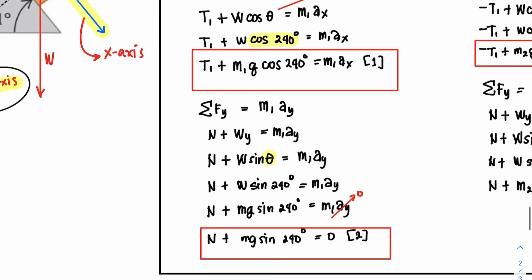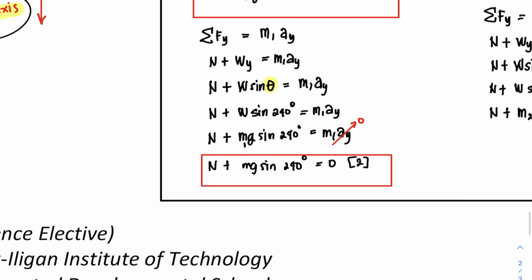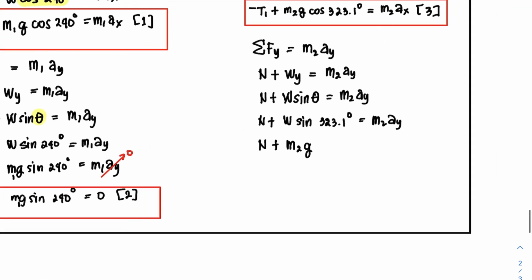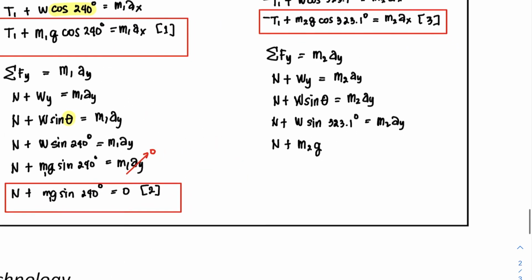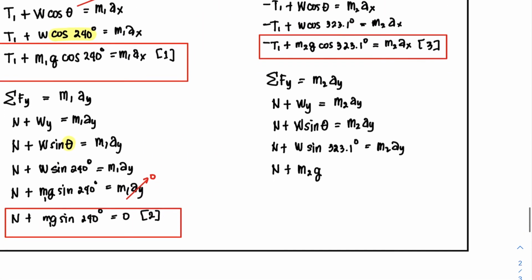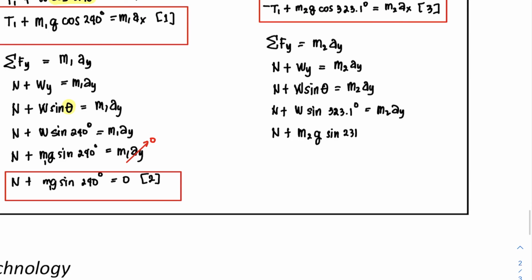Now I'm just going to break down your weight into m2g. By the way, this one here should be m1g, m sub 1, m2g, and it looks very large. m2g sine of 323.1 degrees is equal to m2ay.